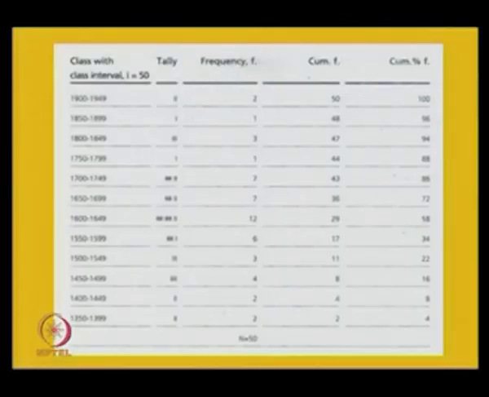Here this is class interval number 1, class interval 2, 3, 4, 5, 6, 7, 8, 9, 10, 11, 12. So, a total of 12 class intervals. Within each class interval, how many scores do we have?